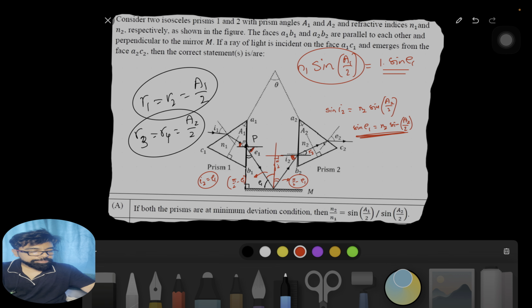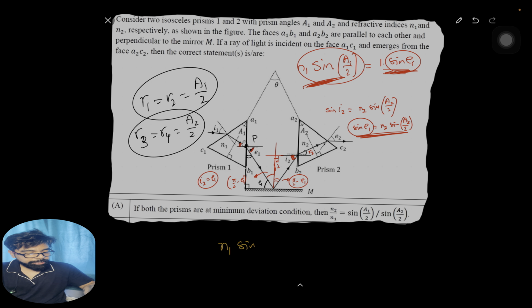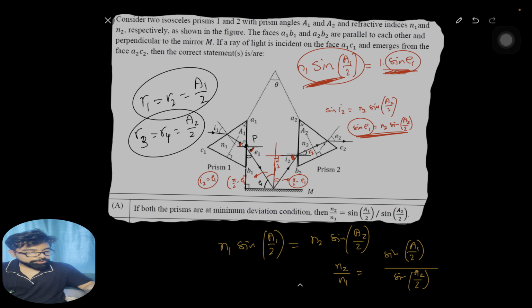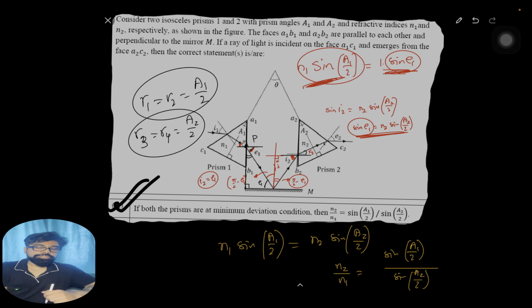For the first prism, sine E1 is equal to N1 sine A1 by 2, and for the second prism it is N2 into sine A2 by 2, and both are sine E1. So N1 into sine A1 by 2 must be equal to N2 into sine A2 by 2. If I do N2 by N1, this comes as sine A1 by 2 divided by sine A2 by 2, which is option A. So option A is correct.